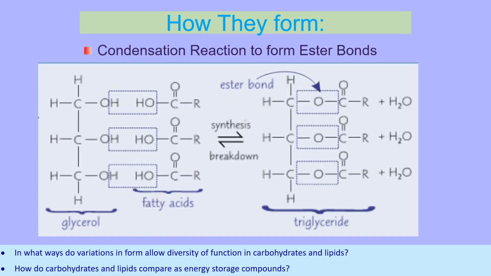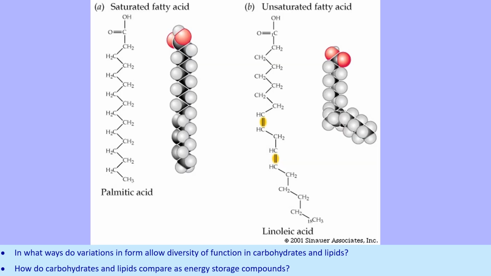So 3 condensation reactions, and here you can see they're happening on a simplified form. You're losing the water here, that's going to be removed, and that leaves us with this here, which is your ester bond in fats.